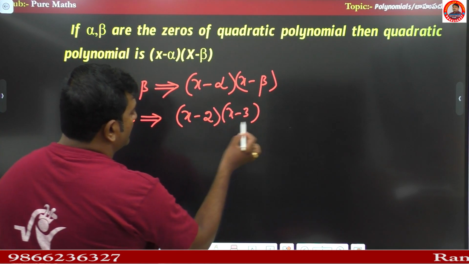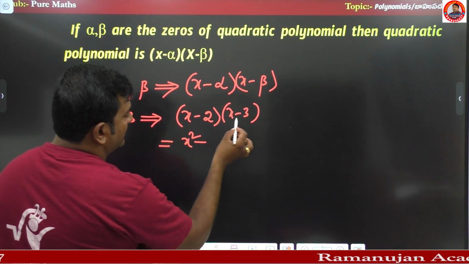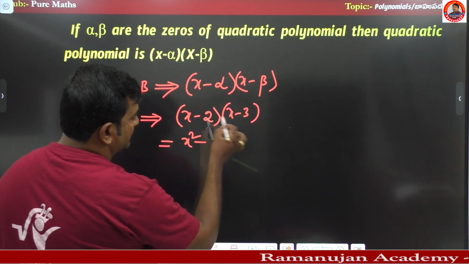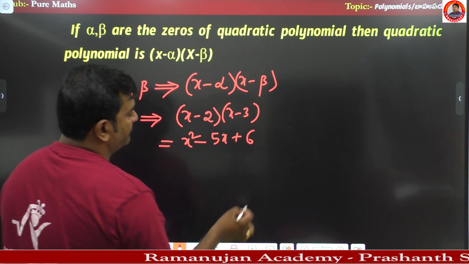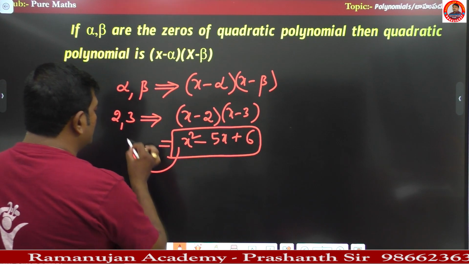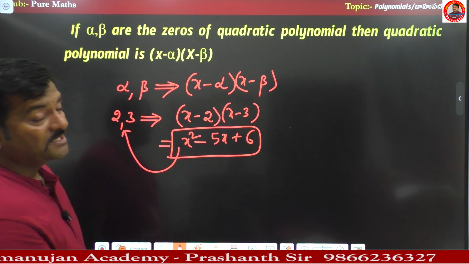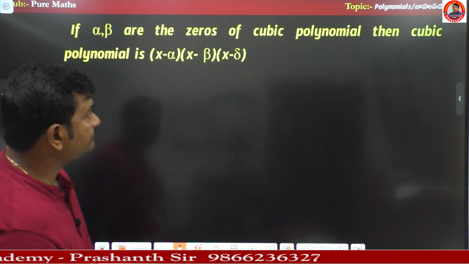Multiplying, x square minus 3x minus 2x, so x square minus 5x plus 6. This is the quadratic polynomial whose zeros are 2 and 3.